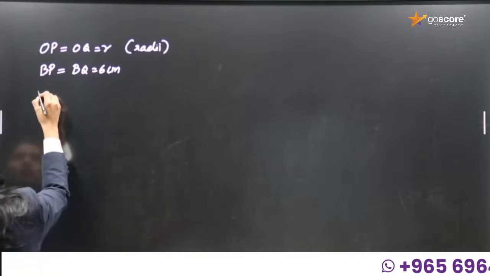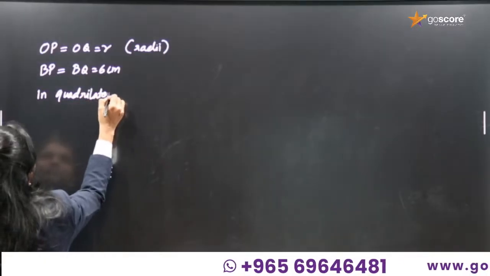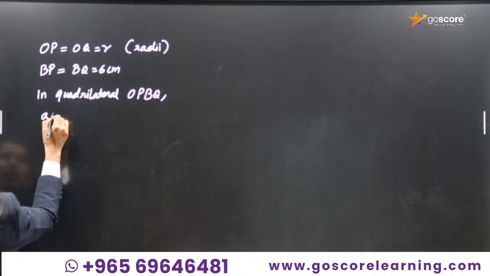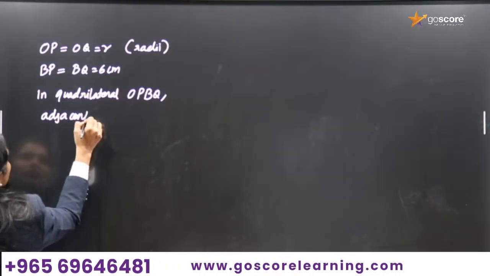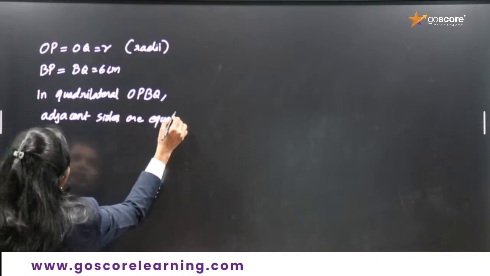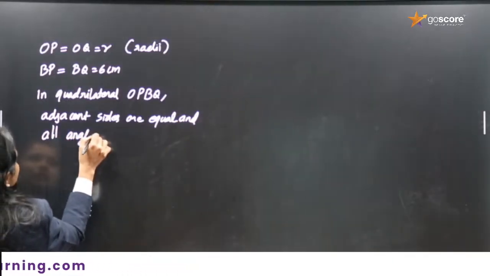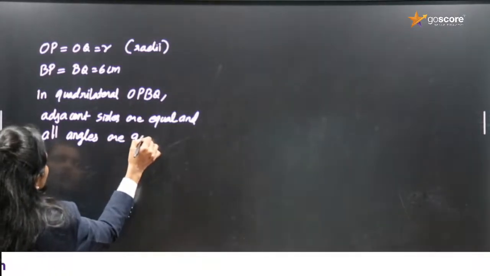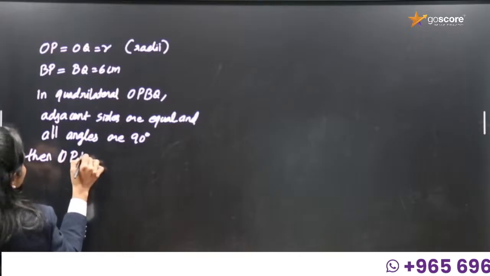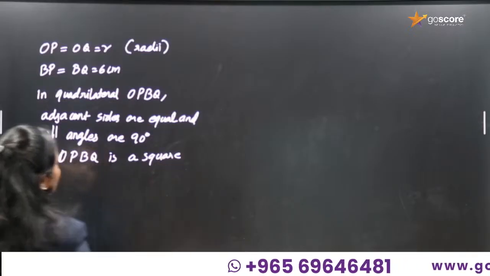So in quadrilateral OPBQ, adjacent sides are equal and all angles are 90 degree, then OPBQ is a square. You need to know the concept to write this answer.